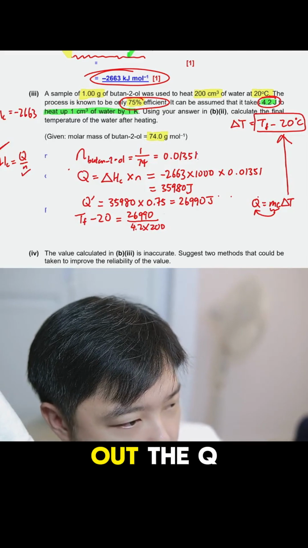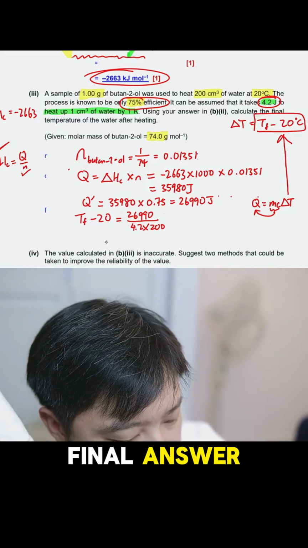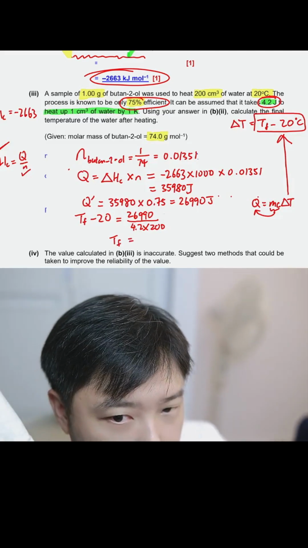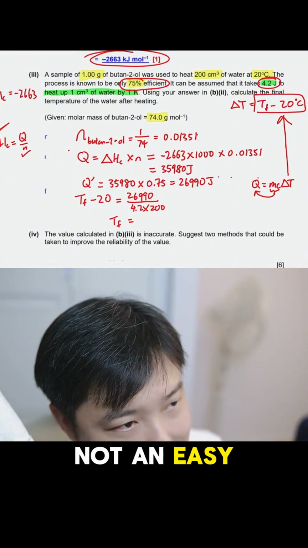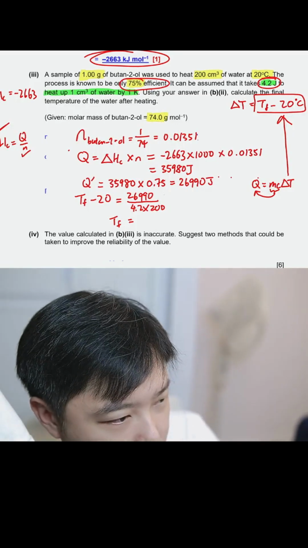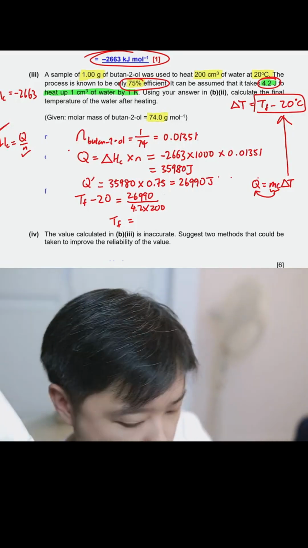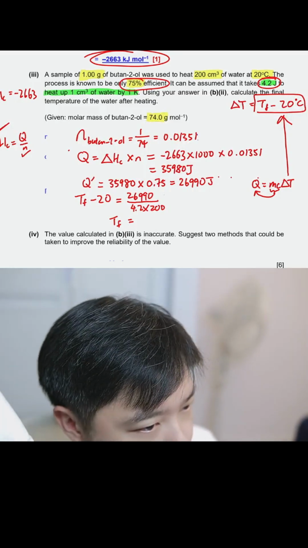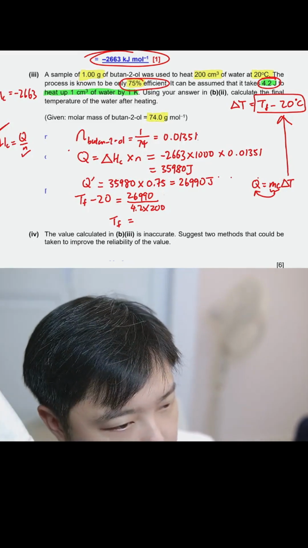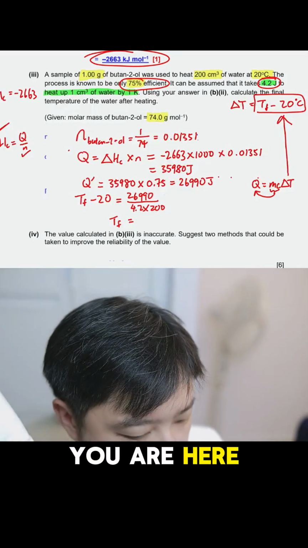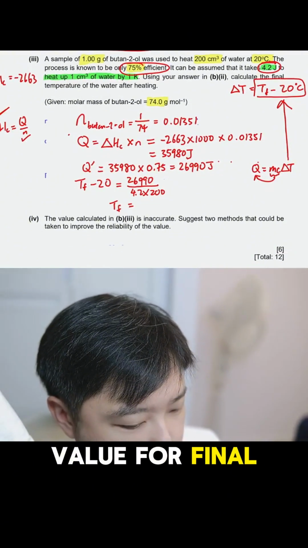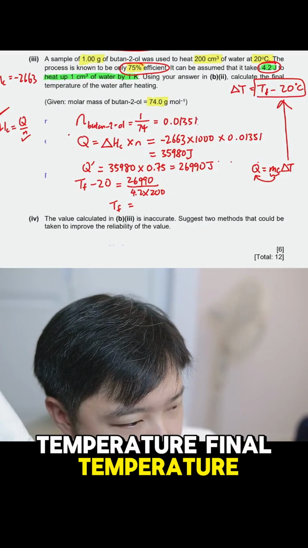Just try and work out the Q, see whether you can get the final answer. What is the final temperature? This is definitely not an easy question to do, but if you can do this, it will be great. Okay guys, if you are here, try to work out the value for the final temperature.